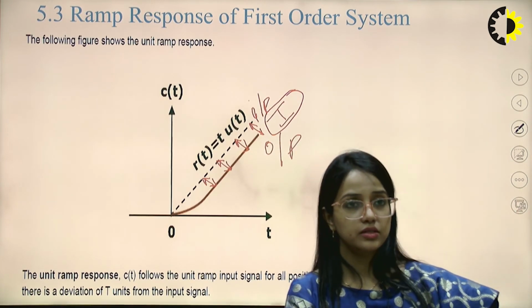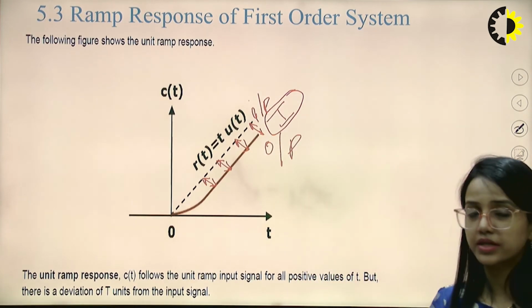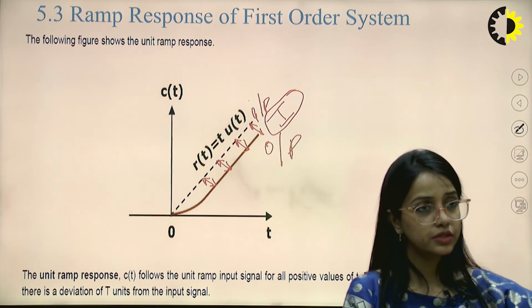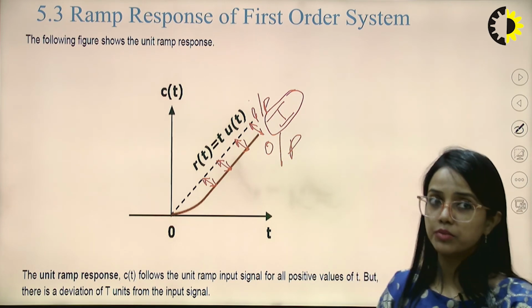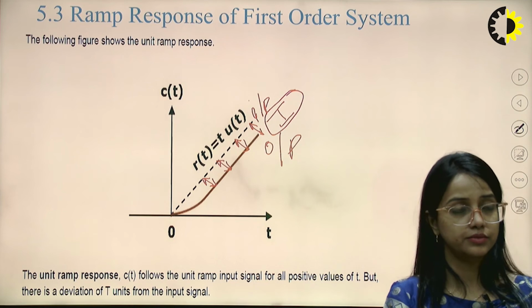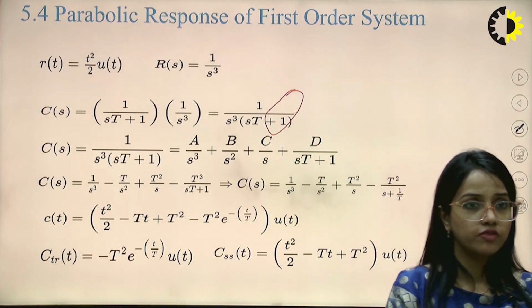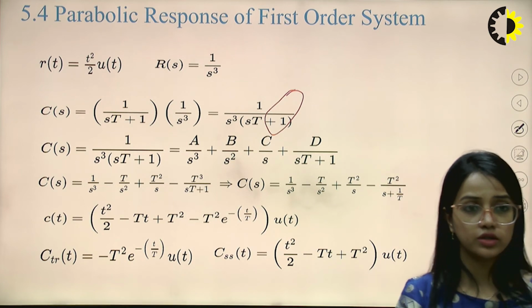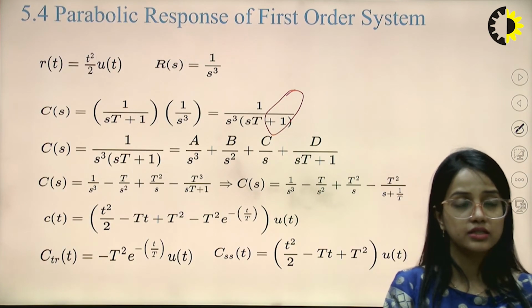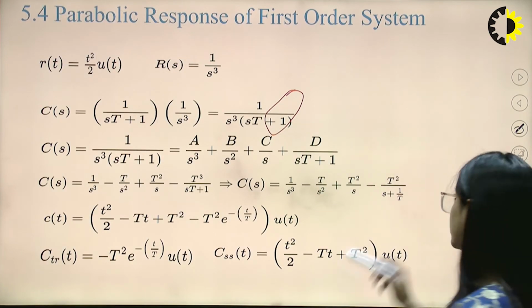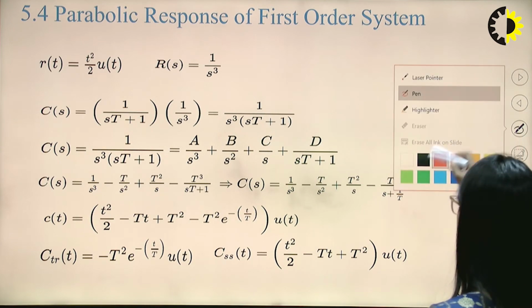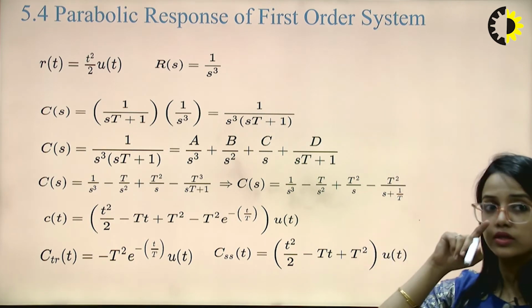So this was the first order system subjected to impulse input, unit step input and ramp input. Now we are considering the first order system subjected to a parabolic input.